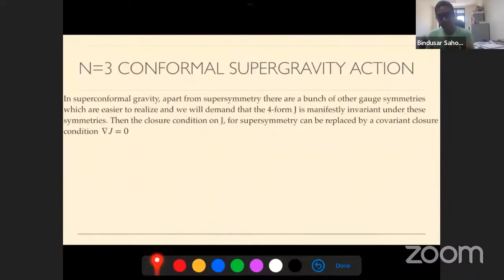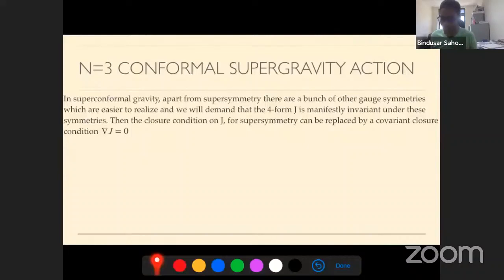However, as we had discussed in superconformal gravity, apart from supersymmetry, there are a bunch of other gauge symmetries, like S supersymmetry, local Lorentz transformations, R symmetries, etc. But these symmetries are much easier to realize. They are not like the ordinary Q supersymmetry, which is harder to realize. So we will not geometrize these symmetries.